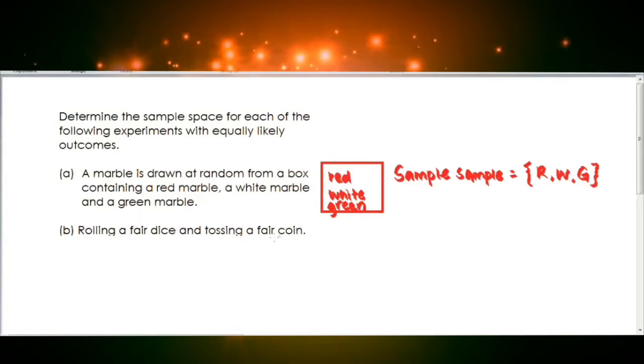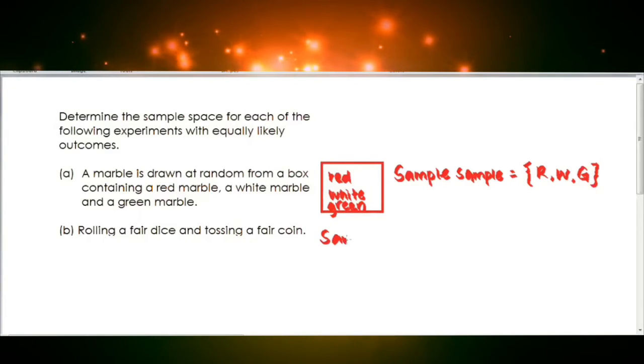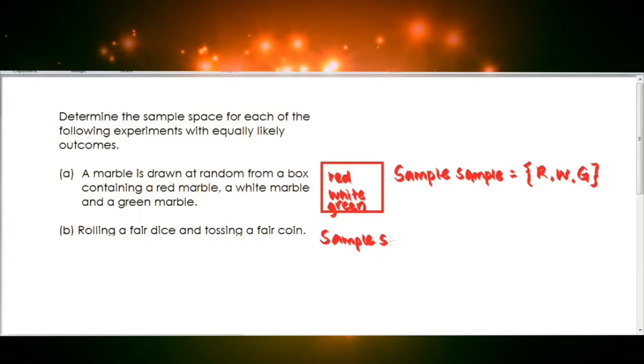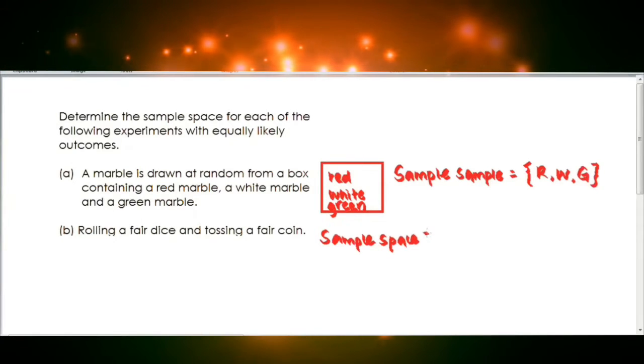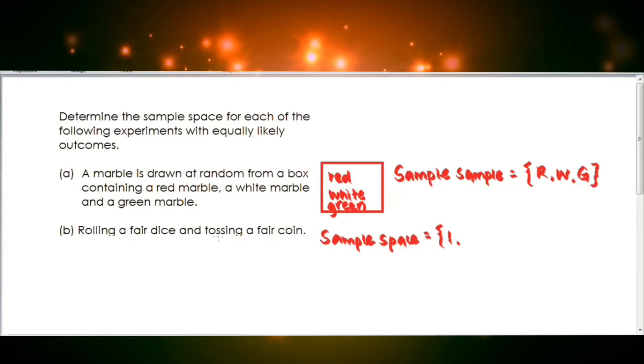So the sample space: when we roll a dice, maybe we roll number 1, then toss a coin.